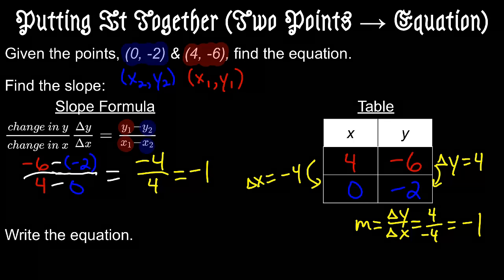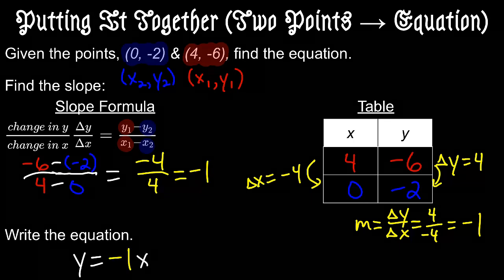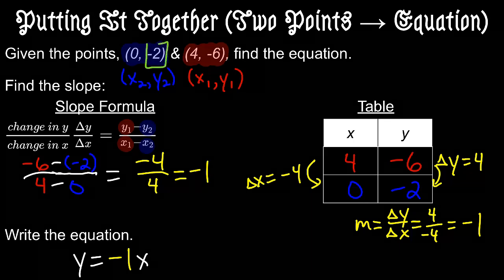So our equation, y is equal to m, our slope of negative 1, x plus b. And our b value is the y value when x is 0.